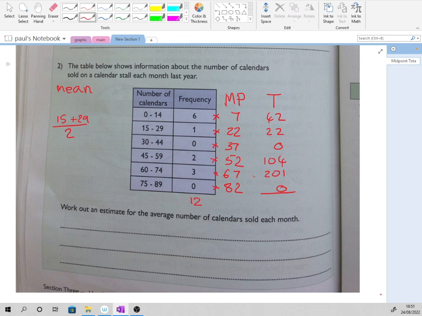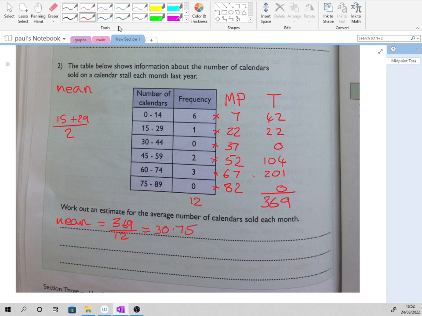Right, add them up. 201 plus 104 plus 22 plus 42 equals 369. So the mean equals 369 divided by 12. 30.75.